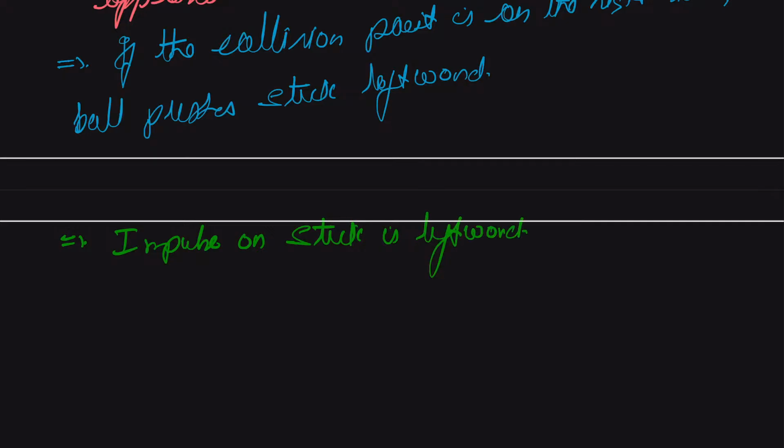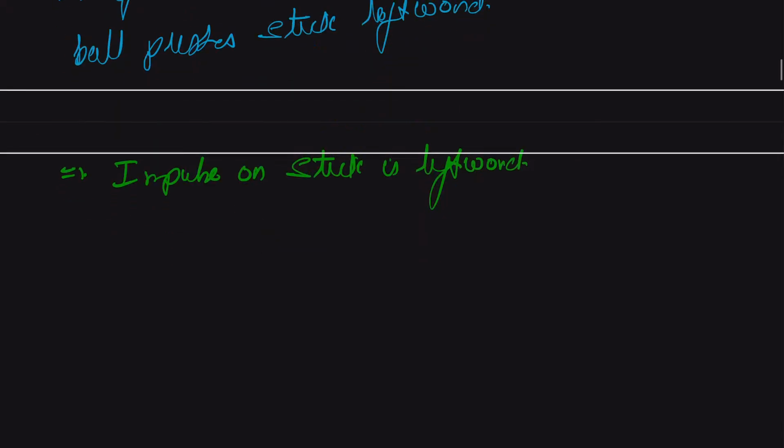Therefore, we can say that our change in angular momentum, delta L, will be equal to minus J times the distance d.